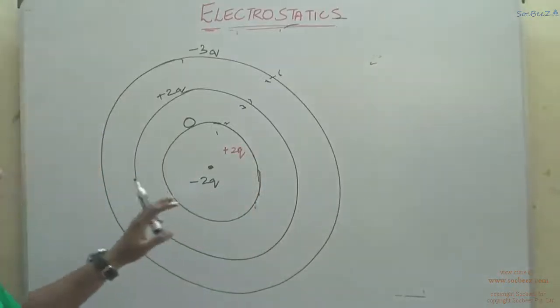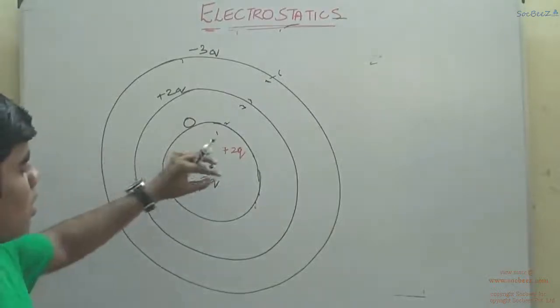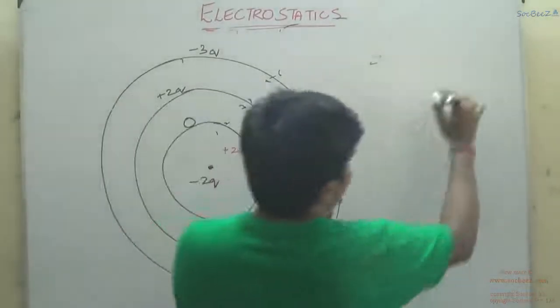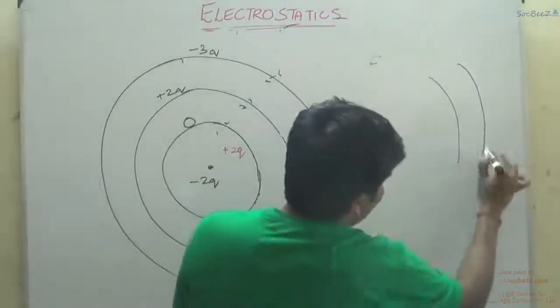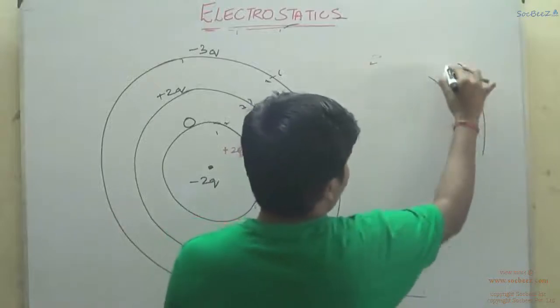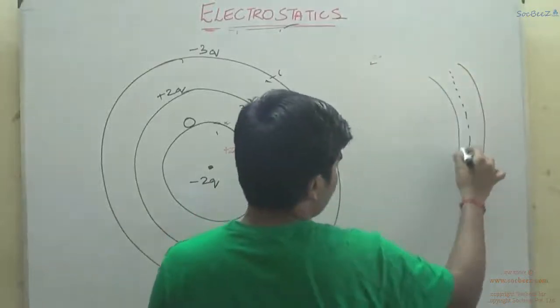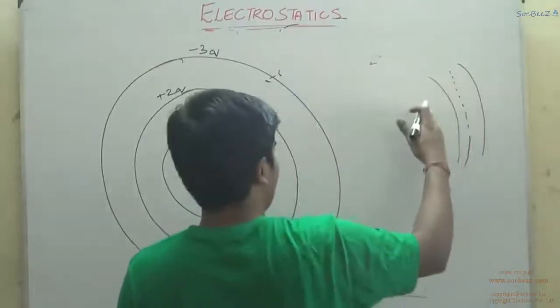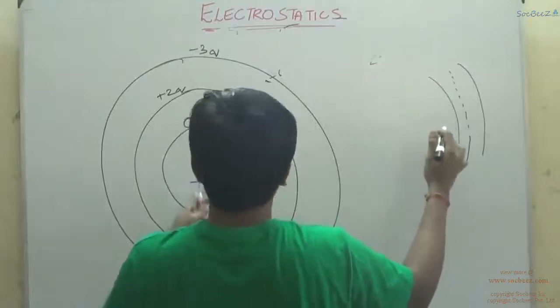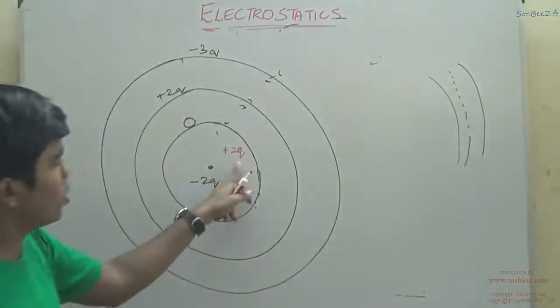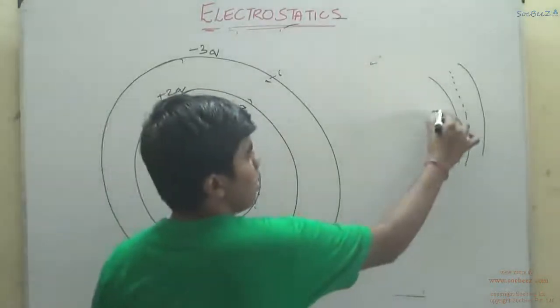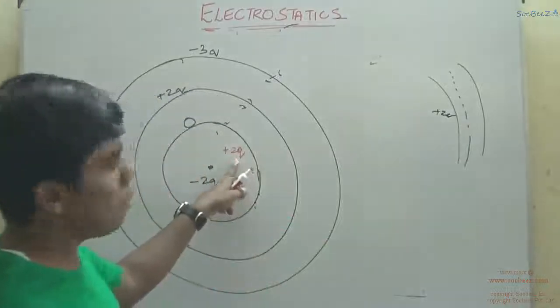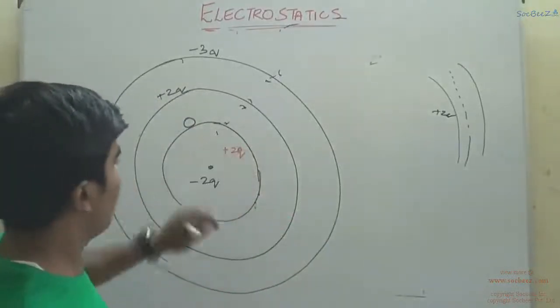Because consider conductor 1. If I consider a Gaussian surface inside, the electric field should be 0, so the sum of enclosed charge should be 0. We already have minus 2q here, so there should be plus 2q on this side. Only then it will become 0, right?